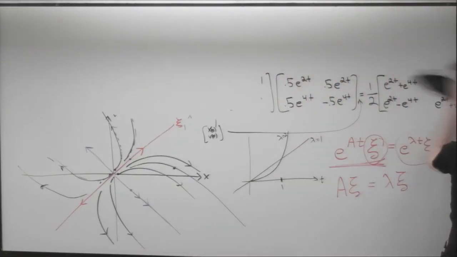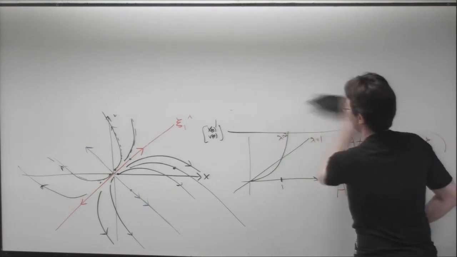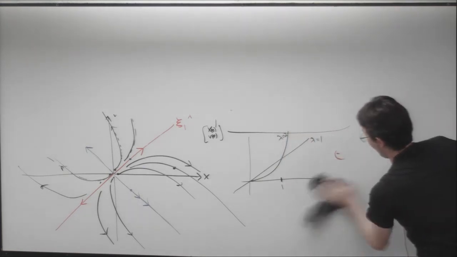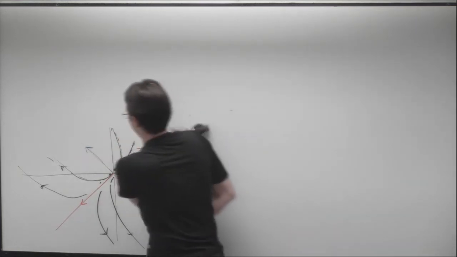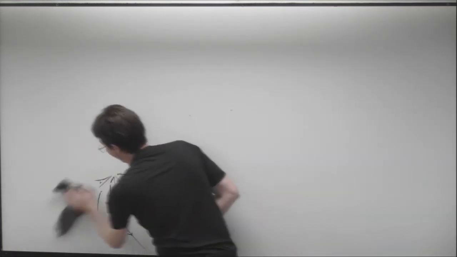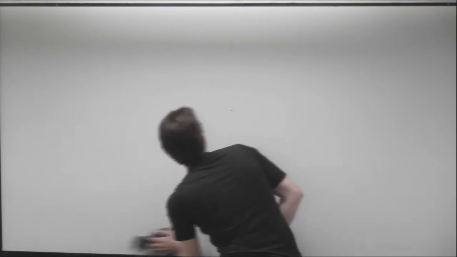Okay, so the next example that we're going to do is where things get really interesting. And this is a good place to leave off for the next lecture, because this is something that we should all think about a little bit before jumping in.